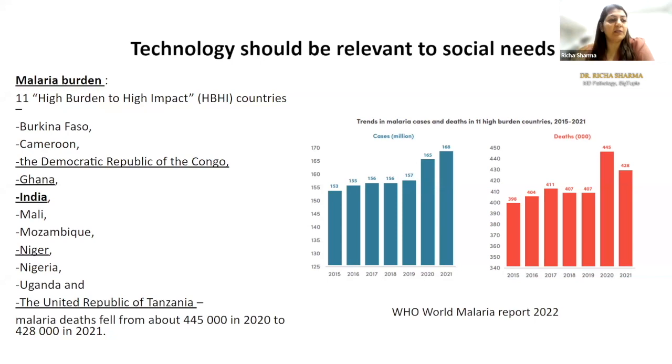Unfortunately, India finds its place in these 11 countries. We not only contribute a good amount of cases, but we also contribute a good amount of the death toll attributed to malaria. In 2021, 168 million cases of malaria were diagnosed, out of which 428,000 people died due to malaria.